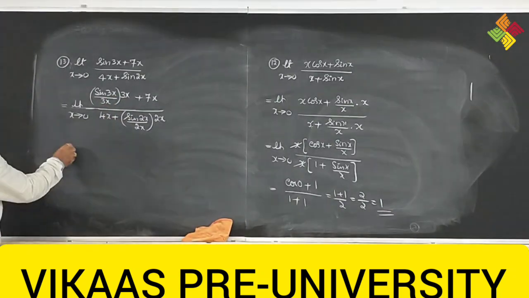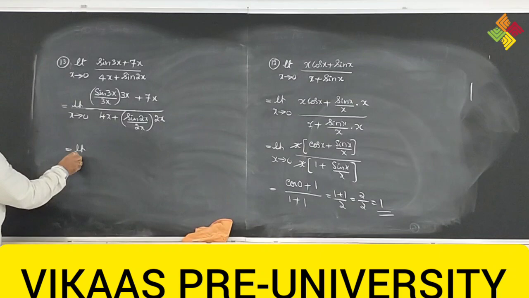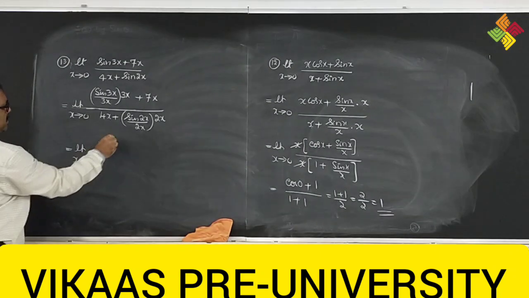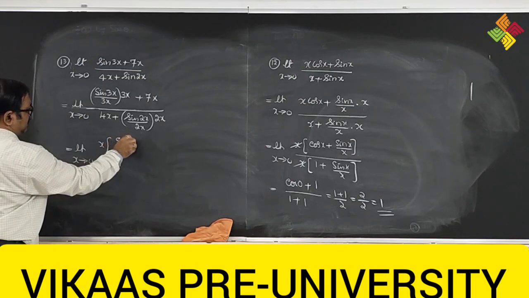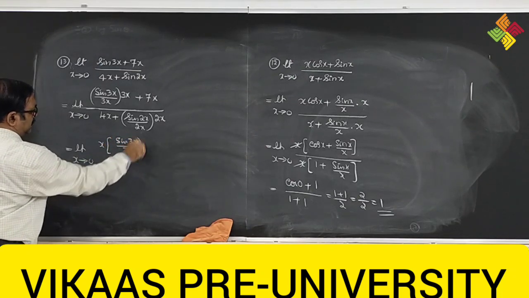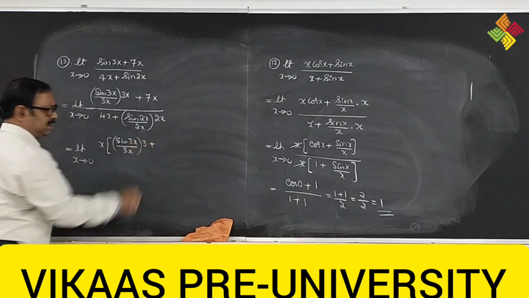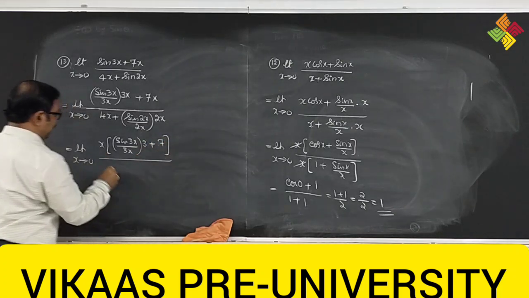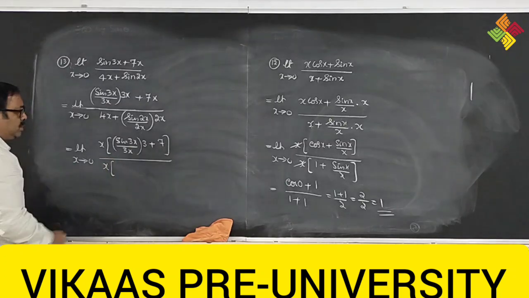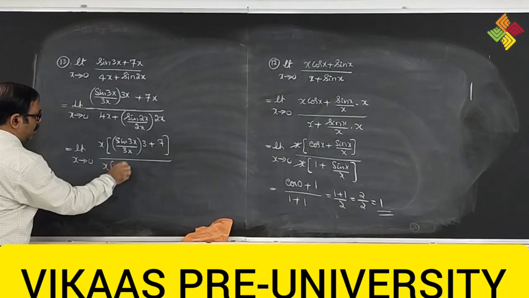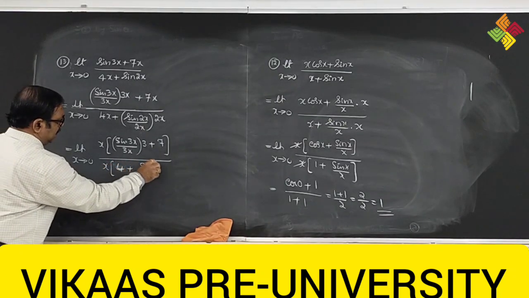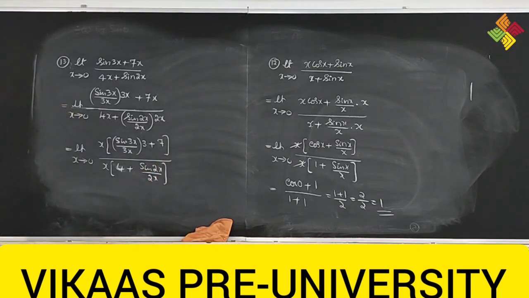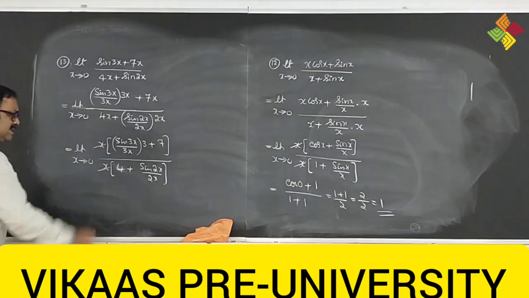So we can write limit x tending to 0. This x is common. Sin 3x by 3x into 3 plus 7 divided by x into here 4 plus sin 2x by 2x. Now x cancels.